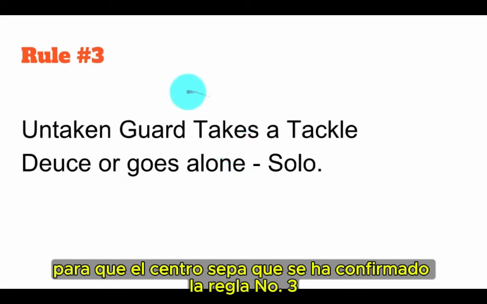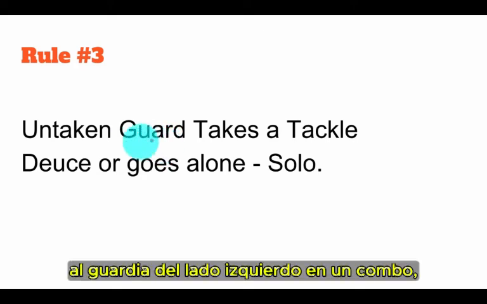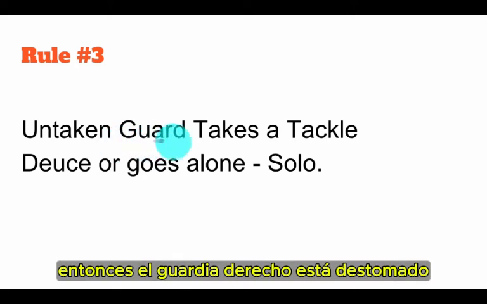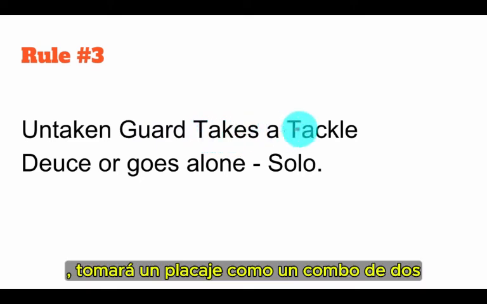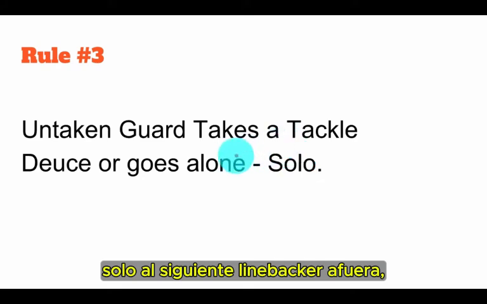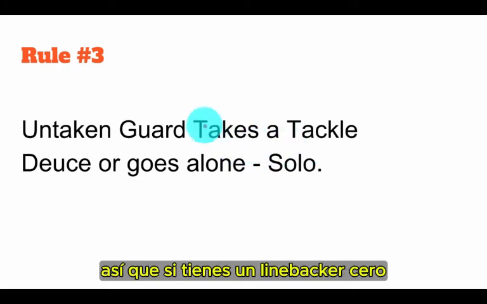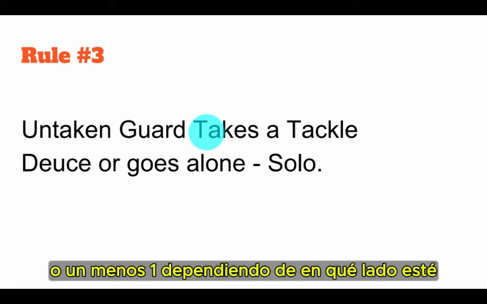Rule number 3, the untaken guard. If the center called the left side guard into a combo, then the right guard, he's untaken. He's going to take a tackle as a deuce combo, or he's going to go alone solo to the next linebacker outside. So if you've got a 0 linebacker, the next linebacker to his side becomes a +1 or a -1, depending on which side he's on.